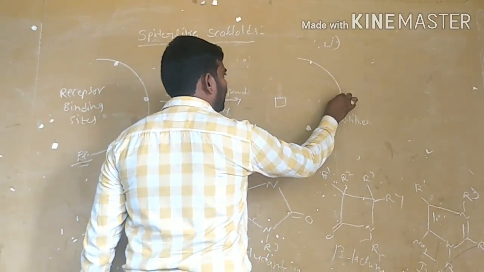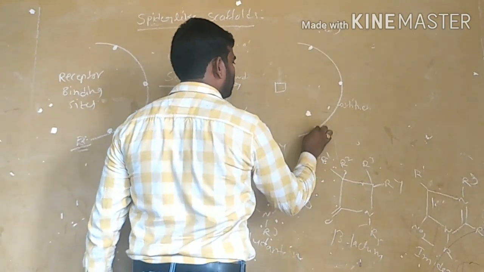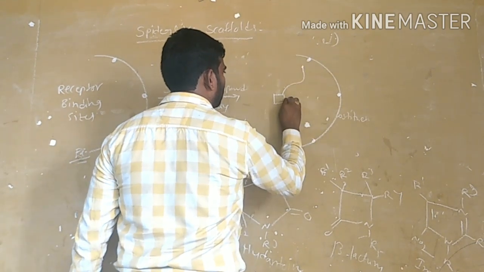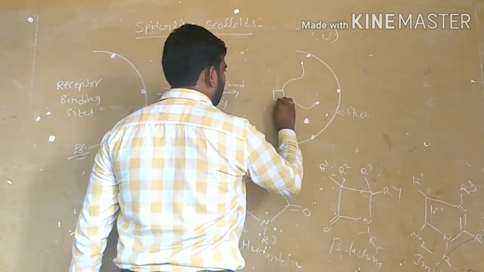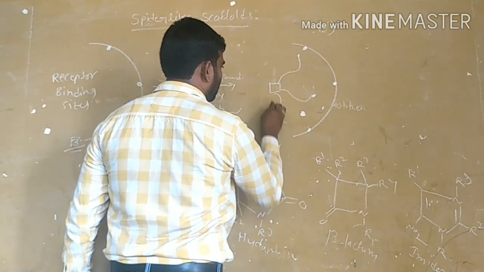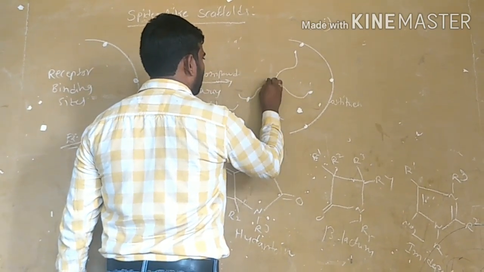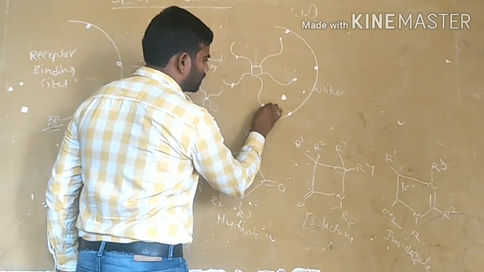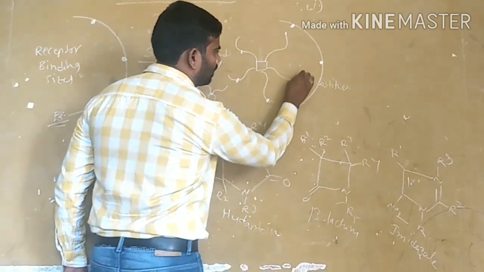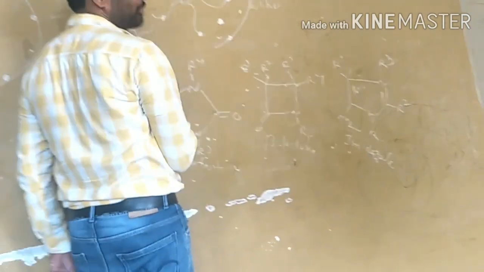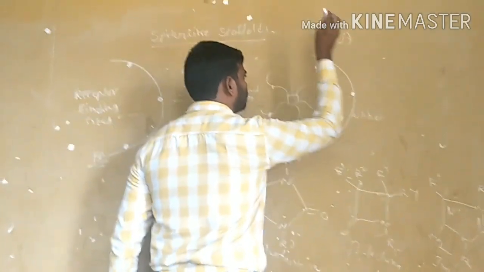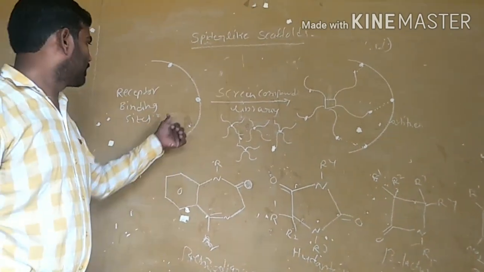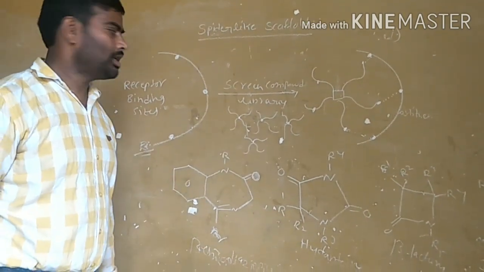These active functional groups bind to the receptor binding sites. This is the interaction of receptors with the spider-like scaffolds.